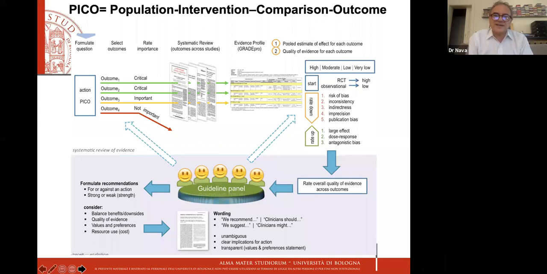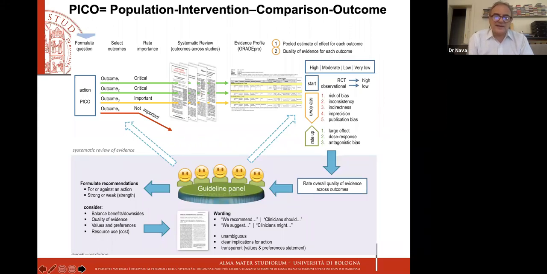That means a pooled estimate of effect for each outcome and a quality of evidence for each outcome. And we ranked the quality of study according to the EBM criteria, like high, moderate, low, and very low. You know better than I do: randomized controlled trials, observational trials, etc., etc.